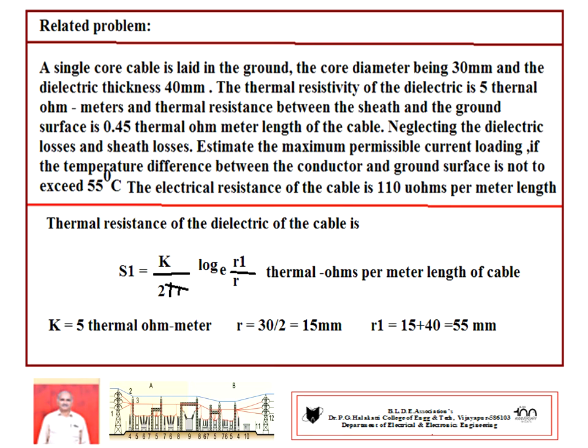Neglecting the dielectric losses and sheath losses, estimate the maximum permissible current loading if the temperature difference between the conductor and ground surface is not to exceed 55 degrees centigrade. The electrical resistance of the cable is 110 micro ohms per meter length.